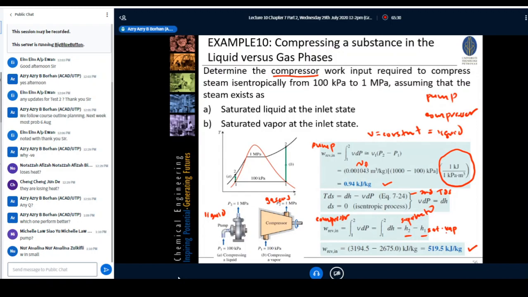So that's why it is easy to pump liquid from one point to another, because a pump will most likely require less work input compared to a compressor, because a compressor normally will encounter different phases between superheated vapor and saturated vapor. All right. Okay, we take a 5 minute break, guys.